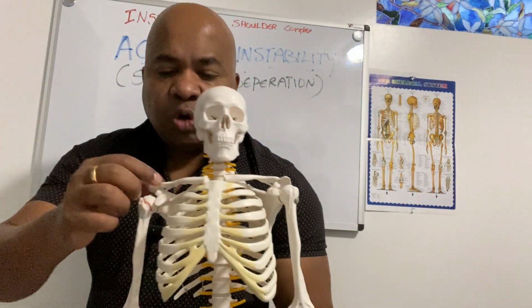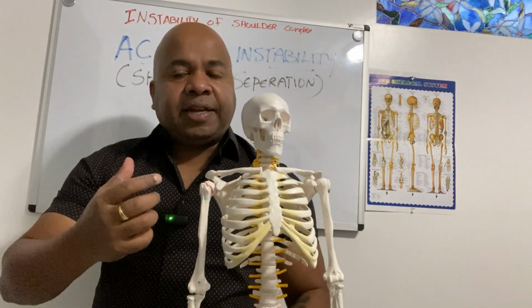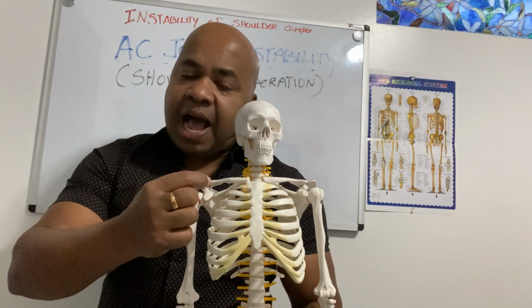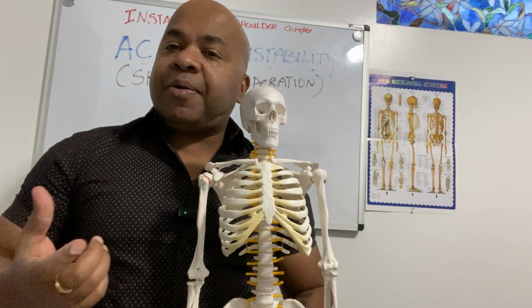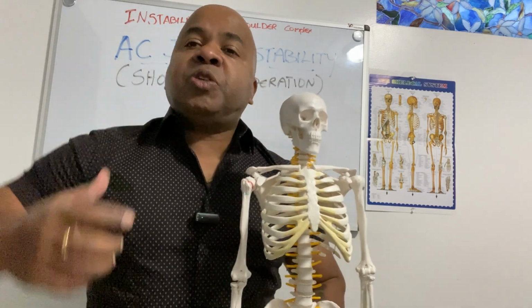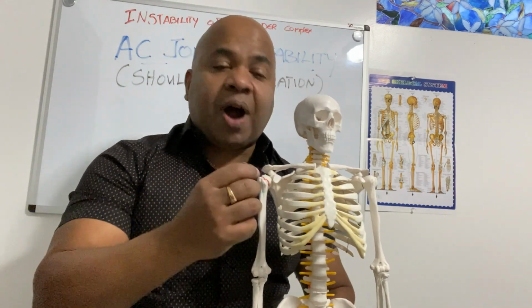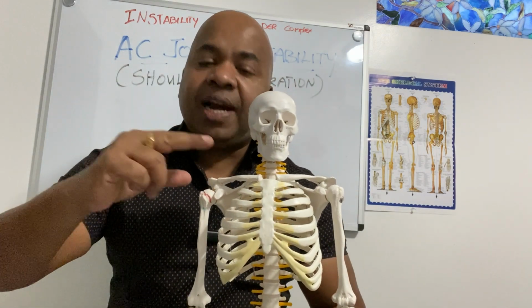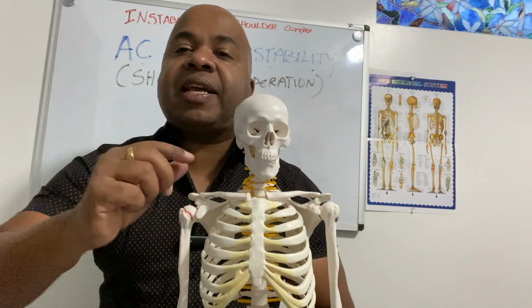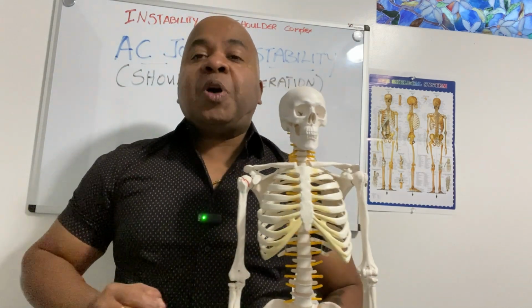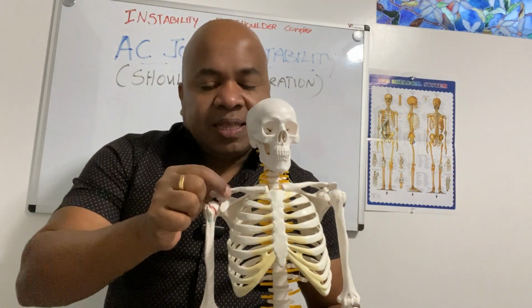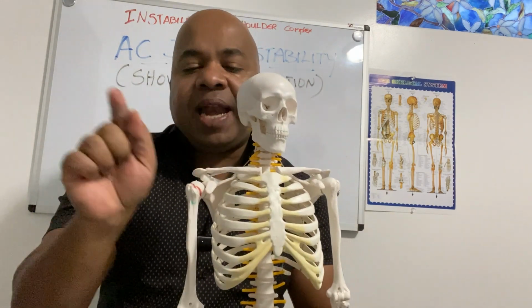In a normal joint, the clavicle and the acromion process are held together by the acromioclavicular ligament and the coracoclavicular ligament. When there is an injury, the clavicle gets separated and moves away from the acromion process, up and laterally.